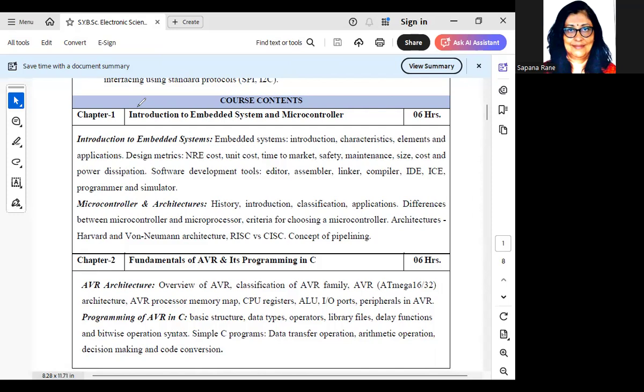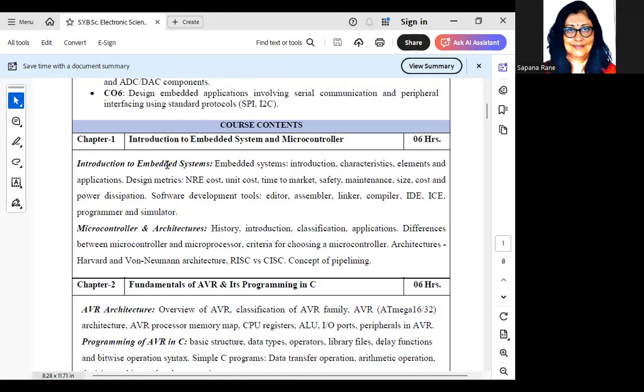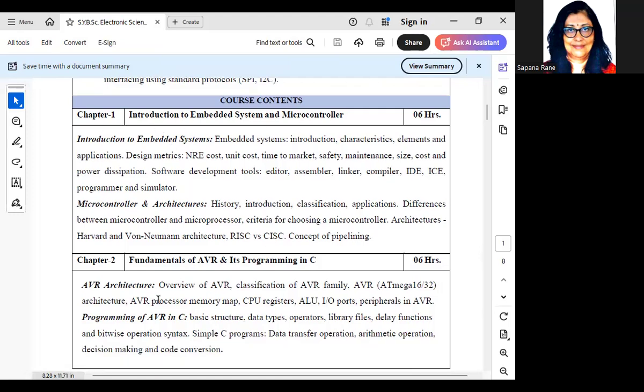It consists of 4 chapters in all, which encompass chapter number 1, Introduction to the Embedded System and Microcontroller. Chapter number 2, Fundamentals of AVR and its programming in C. In chapter number 1, we are going to study the basic points of the embedded system as well as microcontroller.